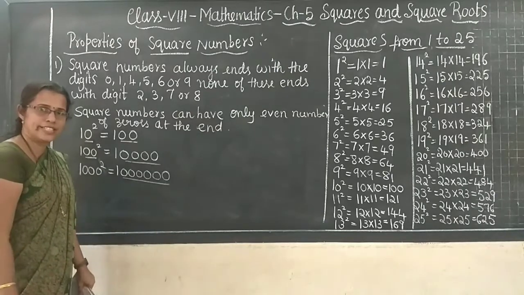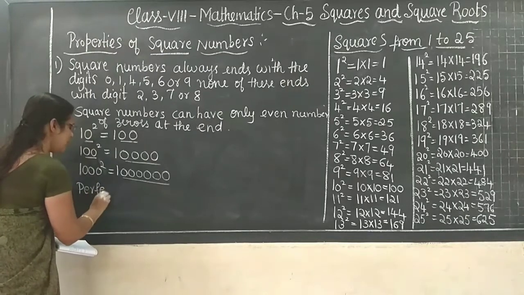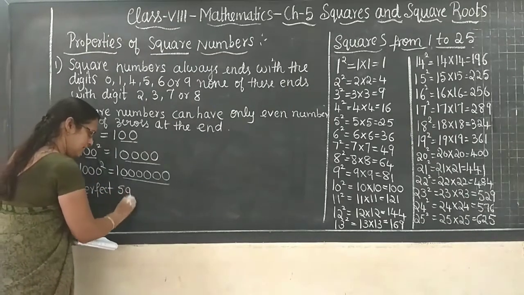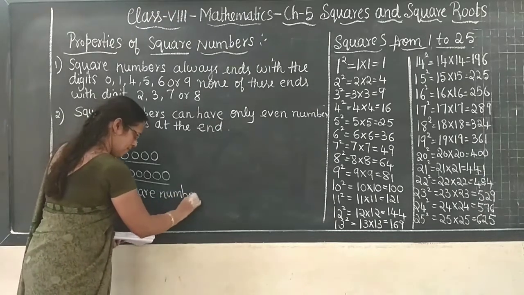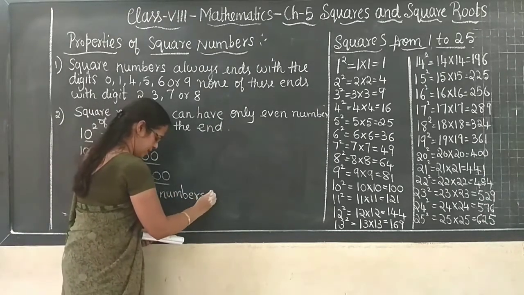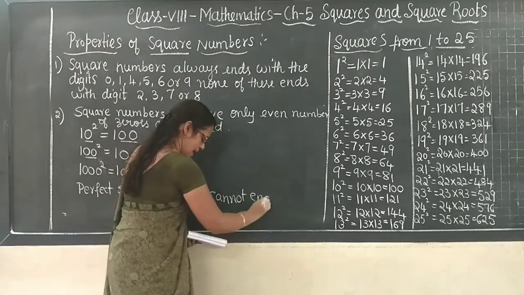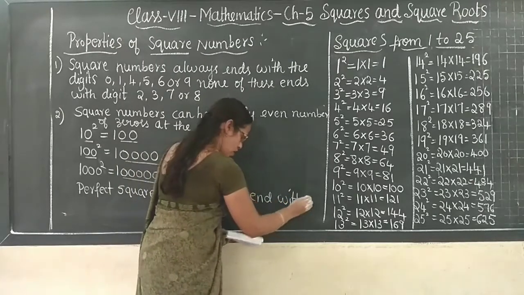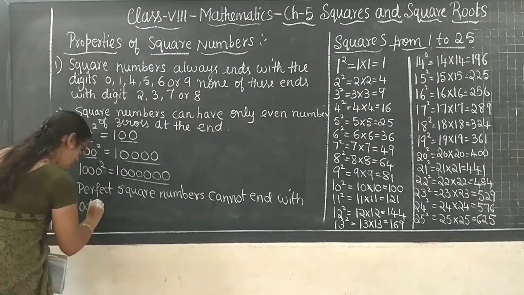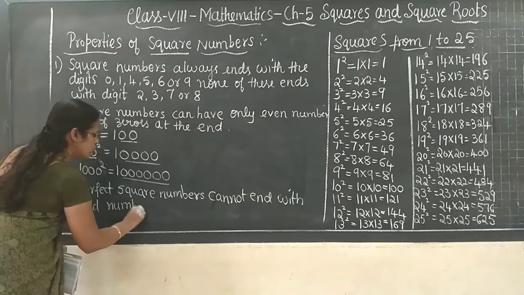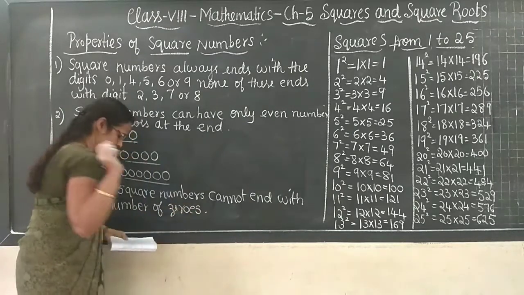Is it okay, children? So now we will write one more sentence. Perfect square numbers cannot end with an odd number of zeros.